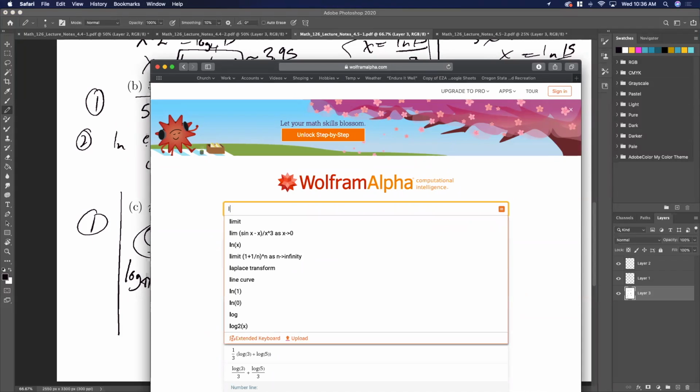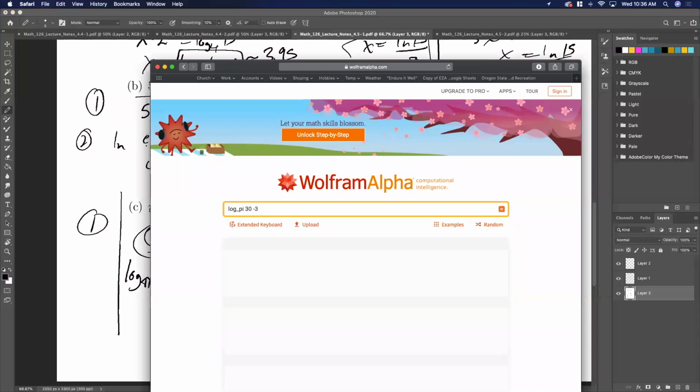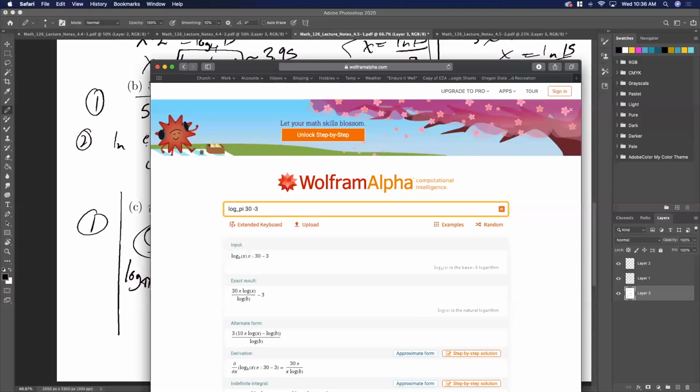And I think I can just type in log base pi of 30. I want to see how smart it is. How good are you? Yes, I had a feeling it might do that. All right, so you're gonna have to be a little bit more explanatory to the program.